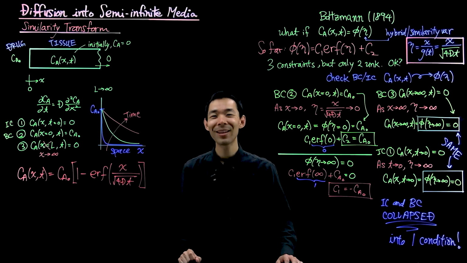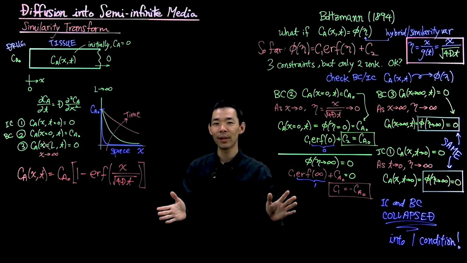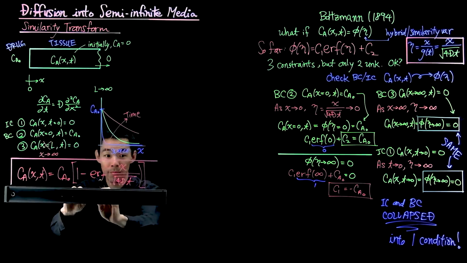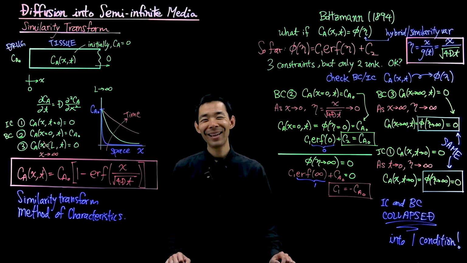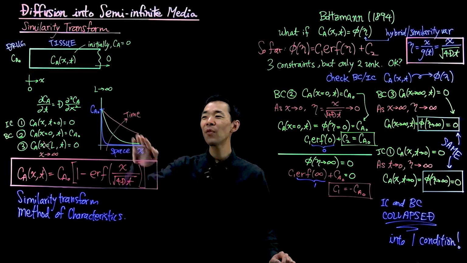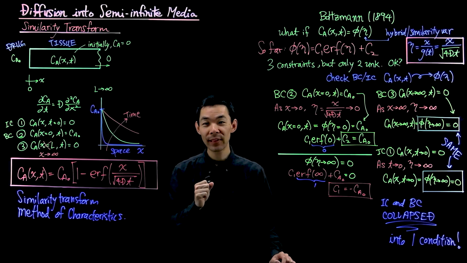So, complementary error function. Now, this overall approach that we took is called the similarity transform, sometimes called the method of characteristics. All right, and the idea behind the naming is that these profiles in time and in space look self-similar.